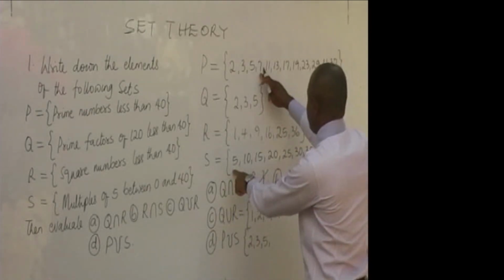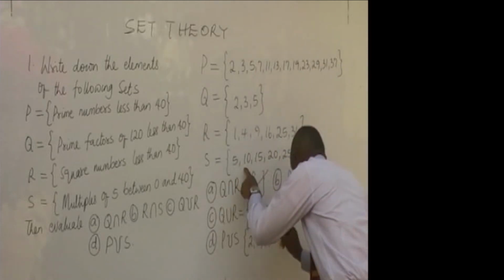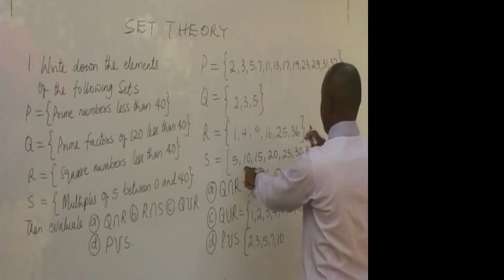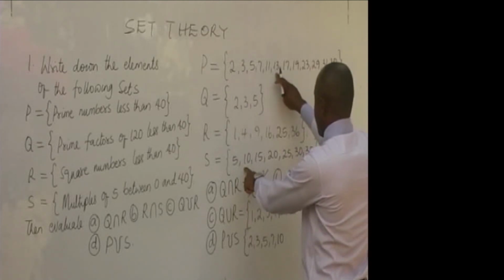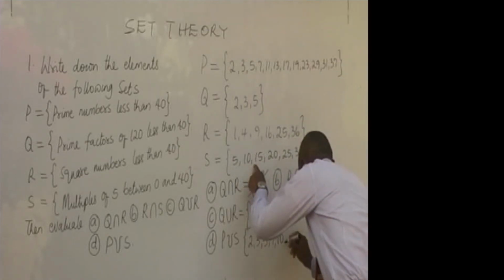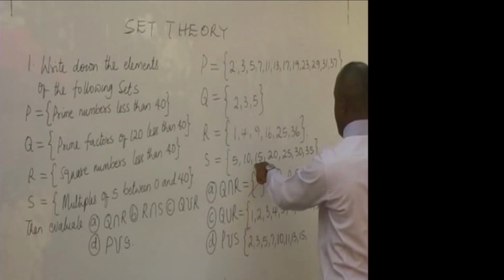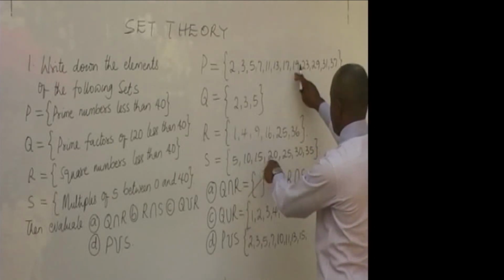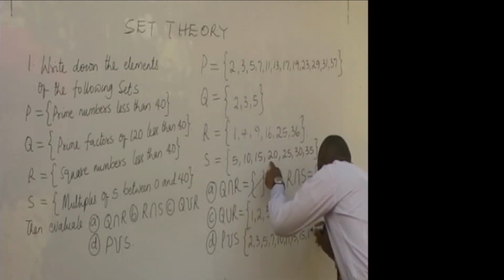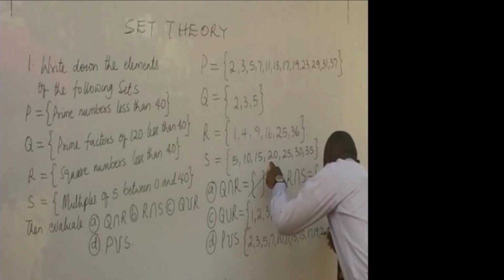We have 7 before 10. So 7, 10. We have 11, 13, 15. We have 17, 19, 20.